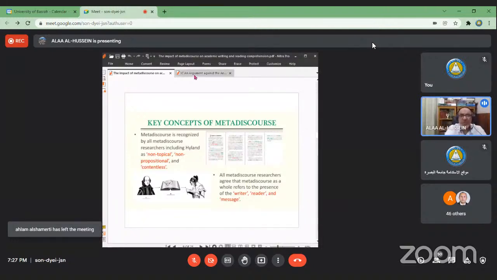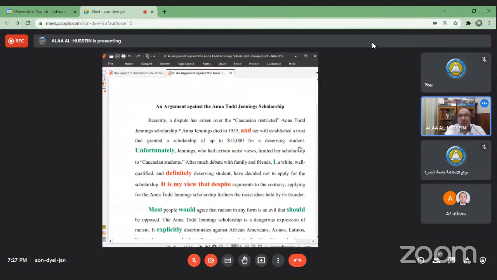And I'm going to show you this example. If we look at this text, it has two parts. If you can see it very well, I colored those meta-discoursal items that function either as interactive meta-discourse or interactional meta-discourse.